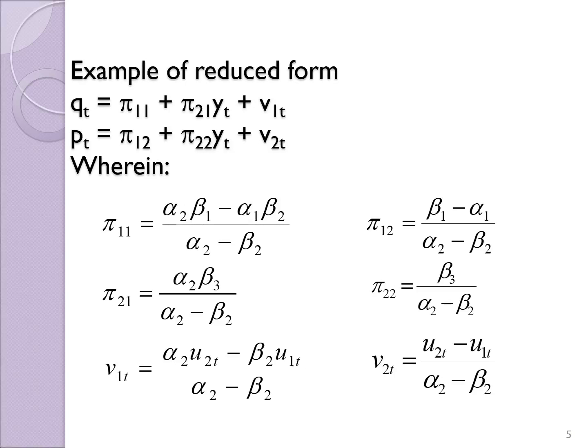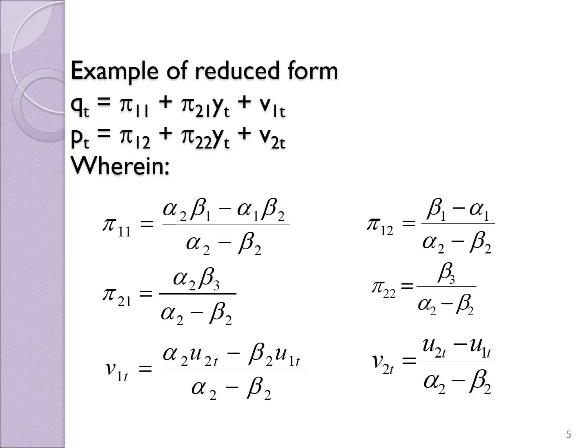Let's see now an example of what we have just seen. An example is this. This is q_t equals pi_11 plus pi_21 y_t plus v_1t. This is an equation that we can obtain by solving the previous two simultaneous equations, and this is an equation just for q.